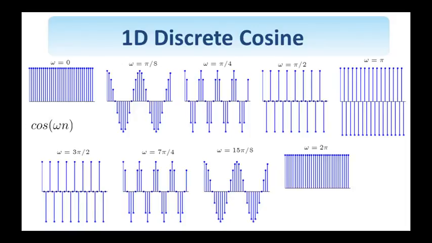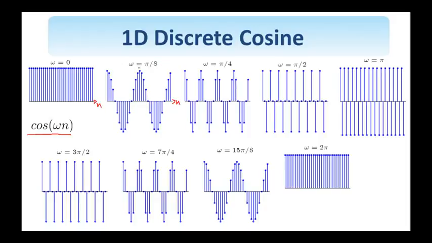To illustrate the previous two properties of the discrete cosine, we show here a one-dimensional cosine function, cosine omega n, for various values of the frequency omega. Now, omega in all cases involves pi, therefore this cosine is periodic in the time domain. Time is the horizontal axis, or discrete time n, right?